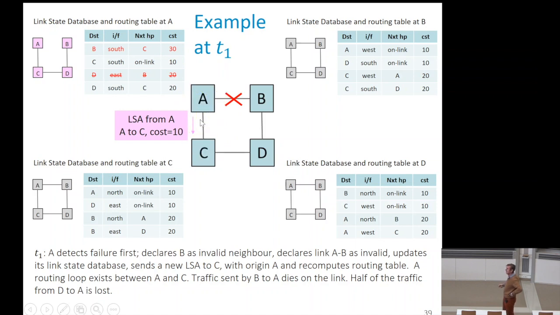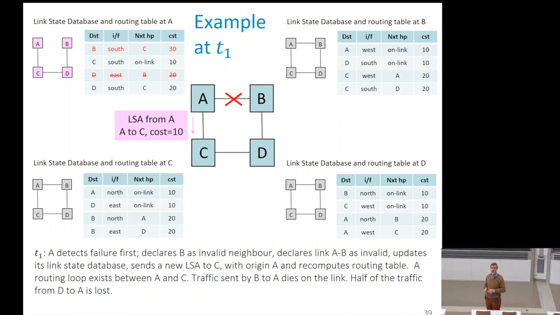The packet will consume a lot of the resources until what happens? Until time to live or hop count expires. Yeah, so fortunately, this will not last forever. Also, fortunately, sooner or later, C will detect the thing, but we are exposed to what are called transient loops.